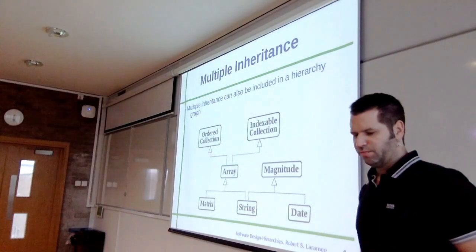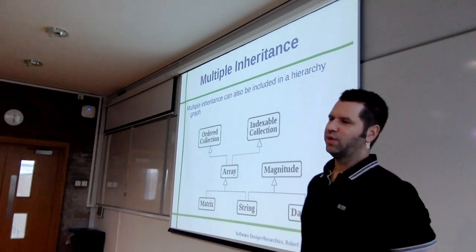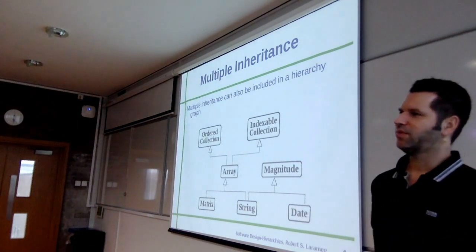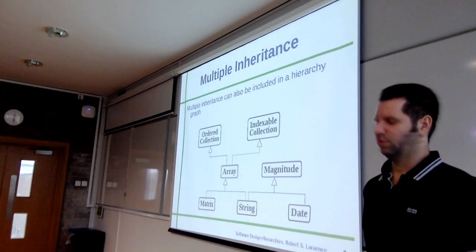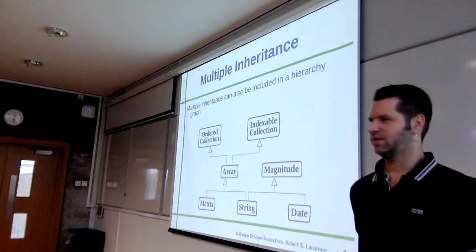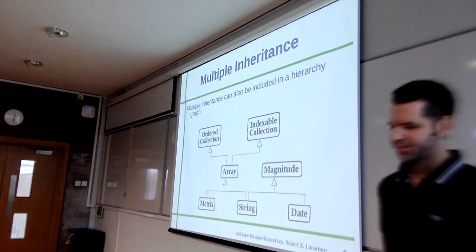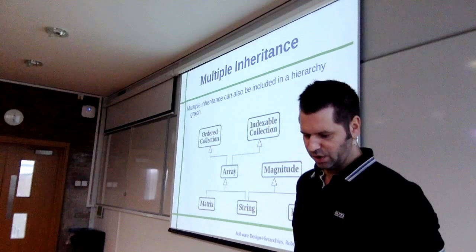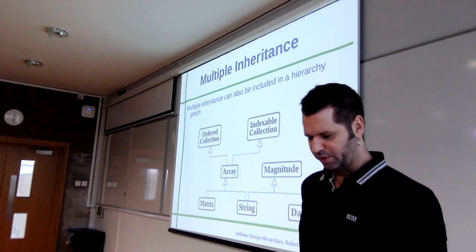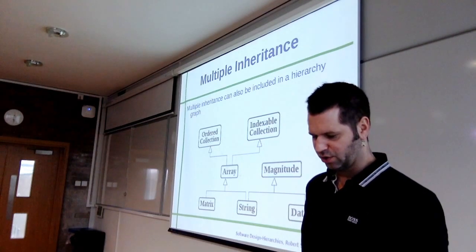I just mentioned this briefly. There is something called multiple inheritance. Actually, in real life, we're all examples of multiple inheritance, right? We have two parents. So this is an example of multiple inheritance, a child that has two parents.